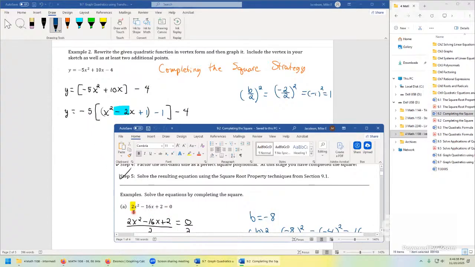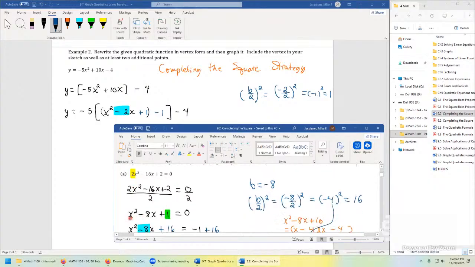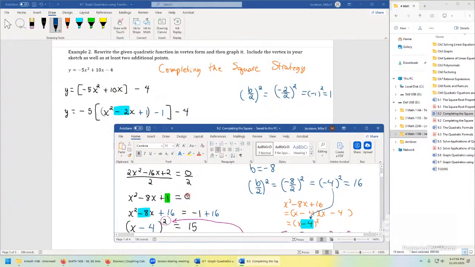We didn't like the leading coefficient of 2 either, so we divided it out, just eliminated it. We got x squared minus 8x plus 1 when we did that. 1 is a constant, so we had to move it over to the other side. But here, we need to keep y exactly as is. So there was no moving anything to the other side. We just left the constant term outside the bracket, inside where we're completing the square.